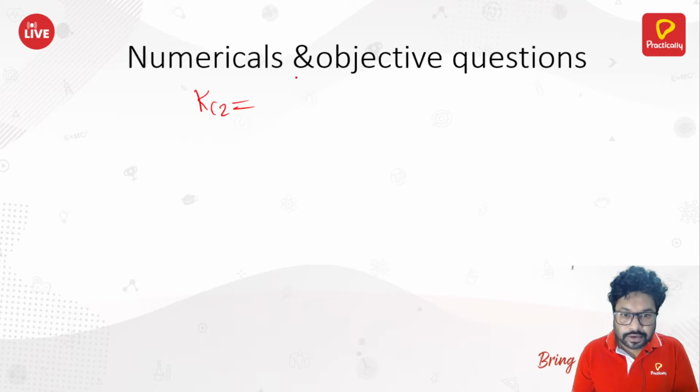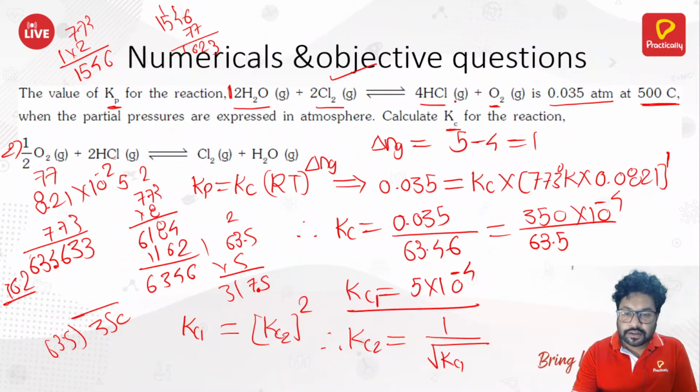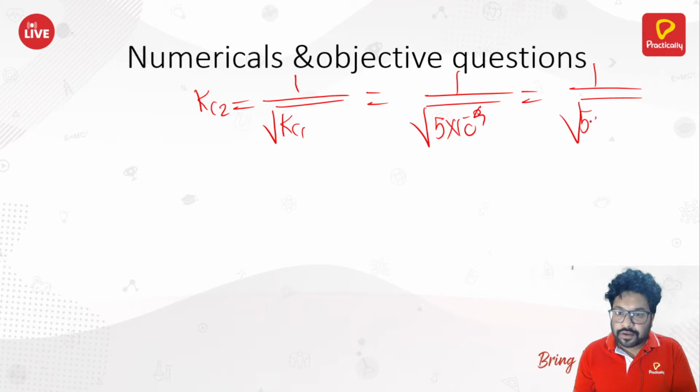Kc will be equal to 1 divided by square root of Kc1. What is Kc1? 5 into 10 raised to minus 4. So you can make it like 1 under root 500 into 10 raised to minus 2. You can always make it like that, right?